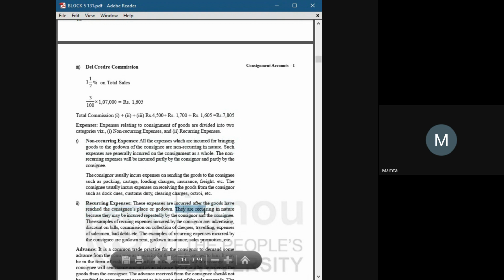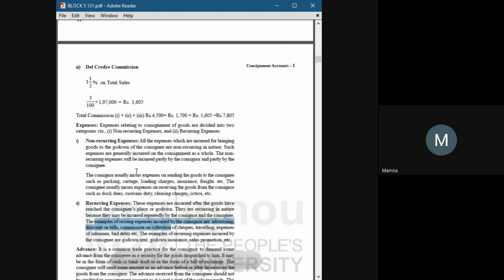They are recurring in nature because they may be incurred repeatedly by the consignor and the consignee. Examples of recurring expenses incurred by the consignor are advertising, discount on bills, collection of cheques, traveling expenses, salesman, bad debts, etc.